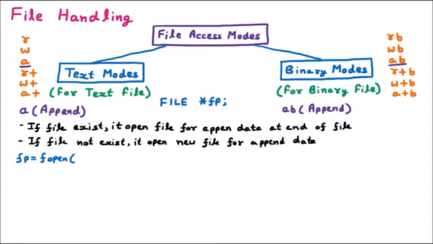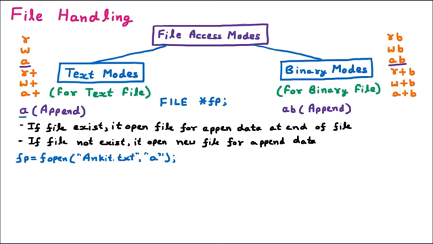In the bracket we provide the name of the file. Let's say the name of the file is ankit.txt. txt is the text file. Then double quotes close, comma, here we are providing the mode. Here a stands for append mode. Append means some data is already there, and we are adding some data at the end, that is called append.